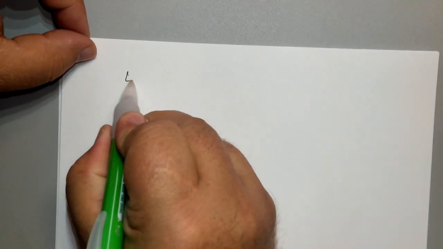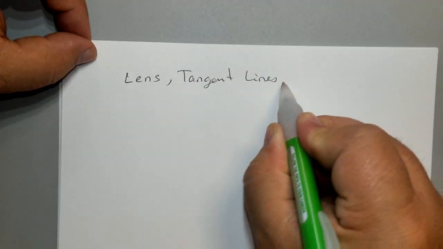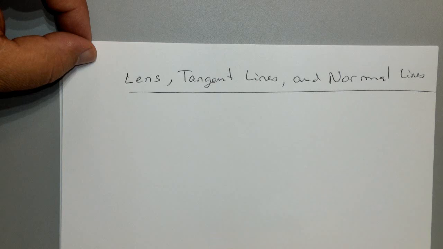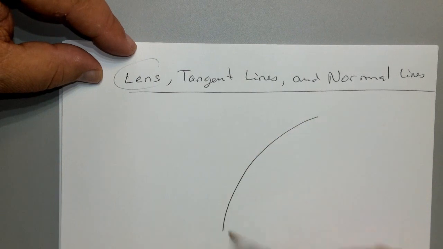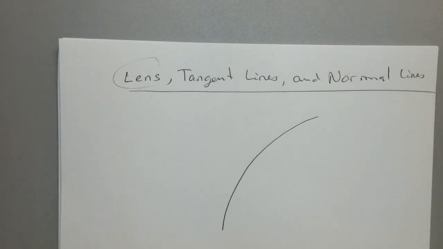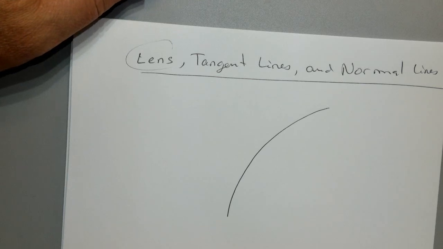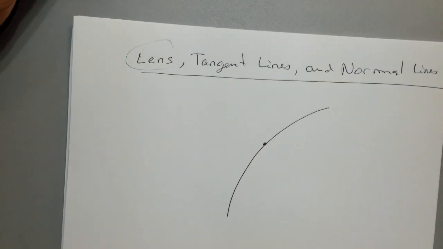The next topic we're going to talk about in this section are lenses, tangent lines, and normal lines. When you talk about lenses, you talk about optics. Have an entry point for the light.